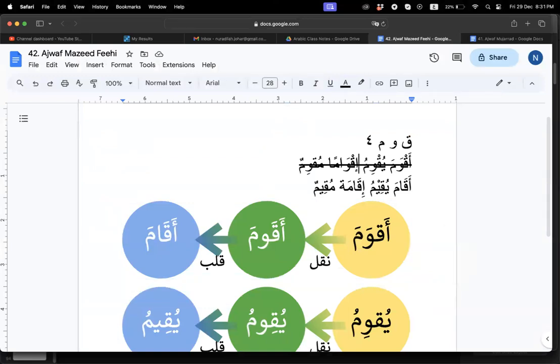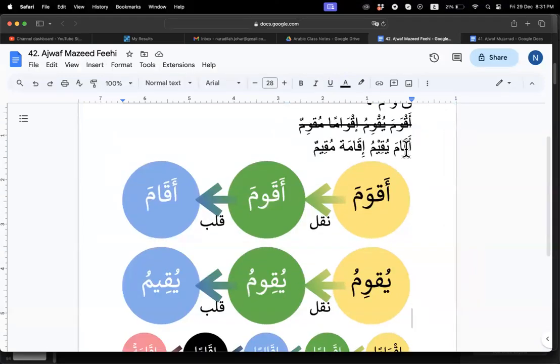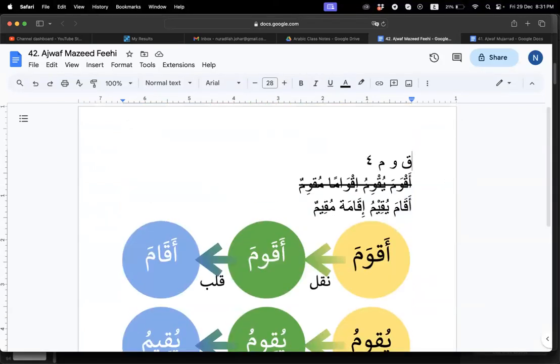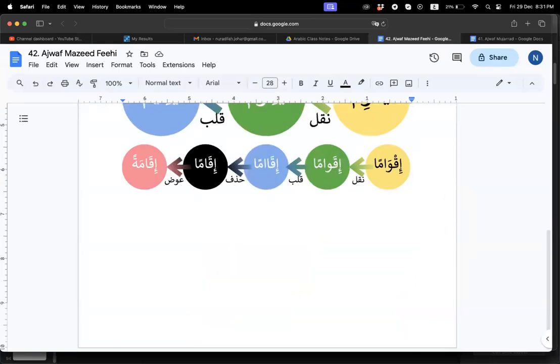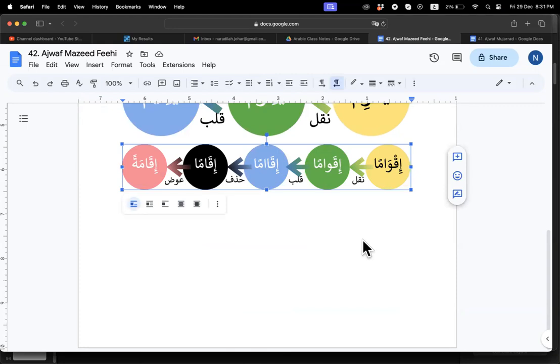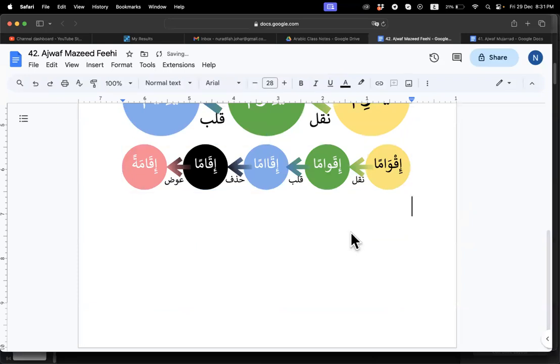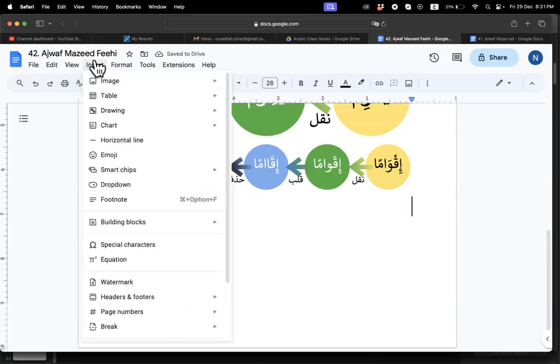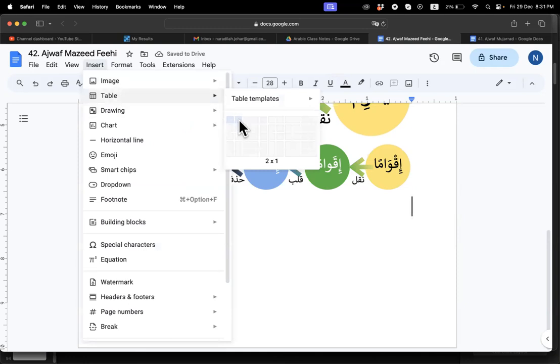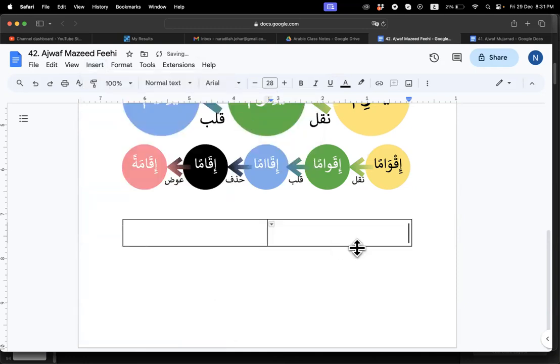So let's do Madi and Mudhari. Okay, let's do Madi first. This is huwa, Madi huwa, aqama. What's the Madi huma?